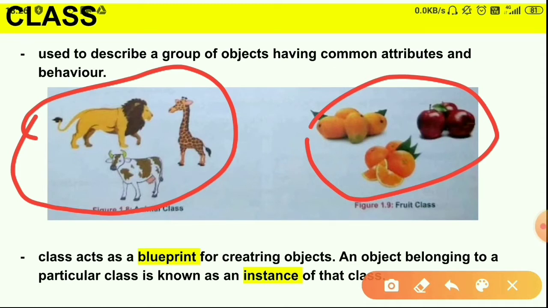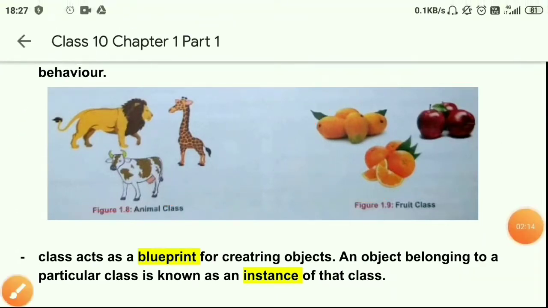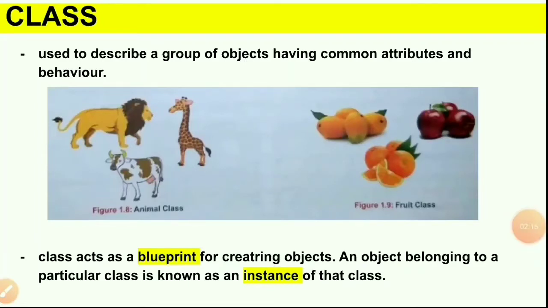So class represents all the objects having common attributes and behavior. And I hope you remember last time we discussed that objects have identity, state, and behavior, right? I explained the difference between attribute and state, isn't it?